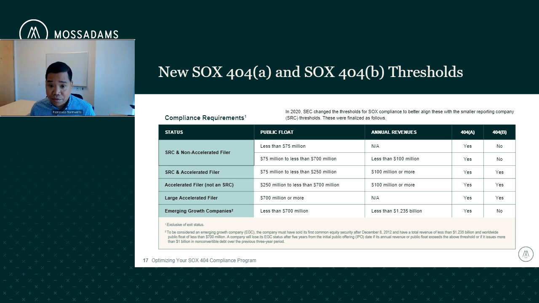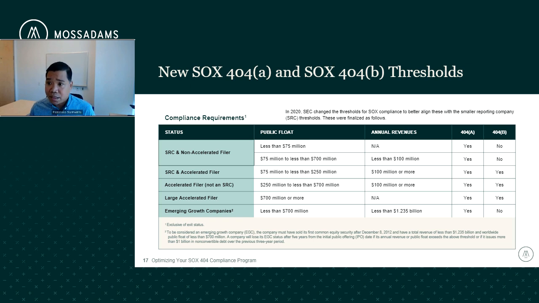Large accelerated filer, regardless of whether you have revenue or not, that is a public float of 700 million or more, you have to comply. Or if you're an emerging growth company, if your public float is less than 700 million and annual revenue is less than 1.235 billion, then you are also exempted.